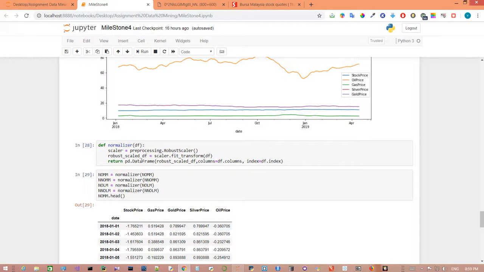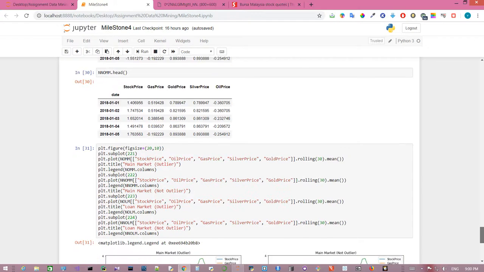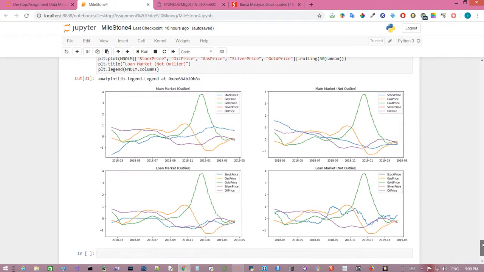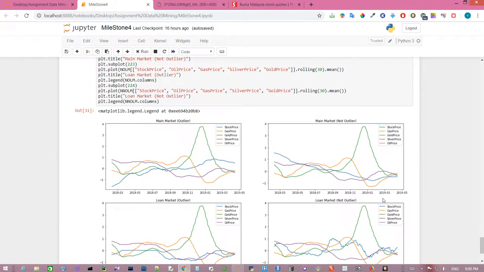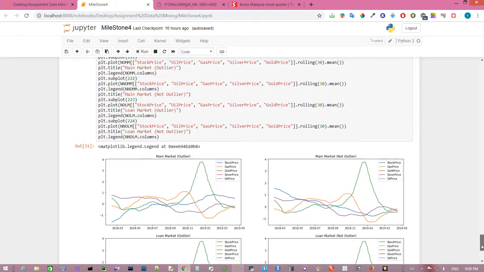So to tackle this problem, I just created a normalizer function. I imported RobustScaler from the preprocessing package, and here I'm converting data, normalizing our data, and here it's the same figure for our data in time series.